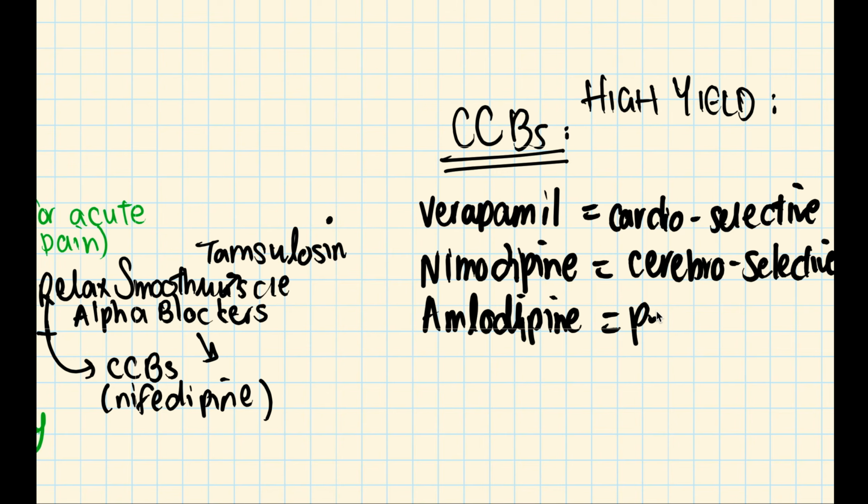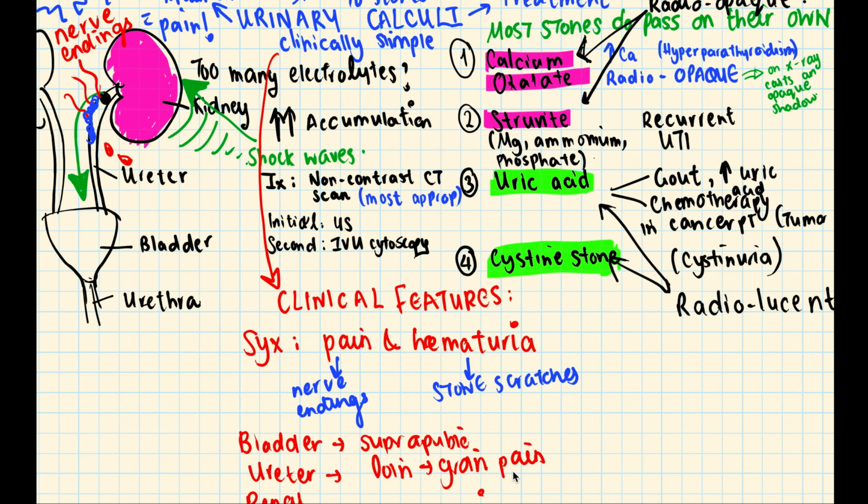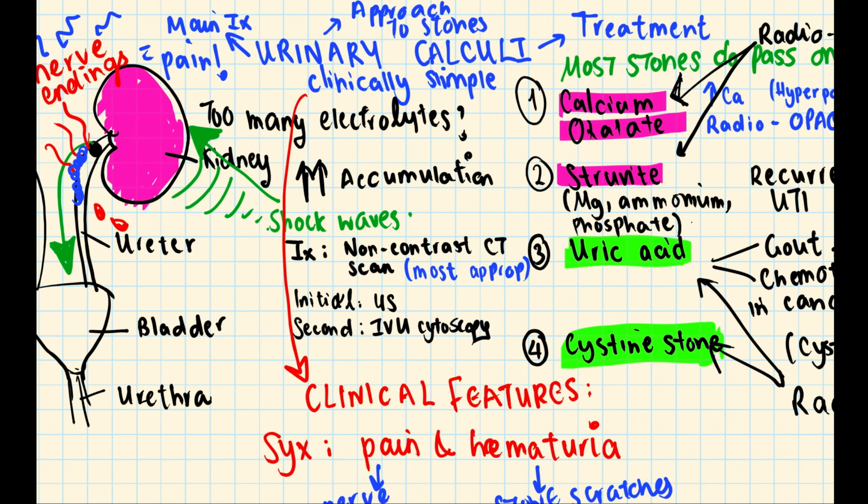So once again, nimodipine is cerebroselective and can be used in subarachnoid hemorrhage, and nifedipine can be used in hypertension in pregnancy. Okay. Amlodipine can be used, but not so much because it acts mainly on the peripheral vessels.